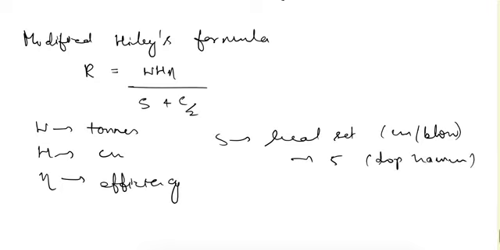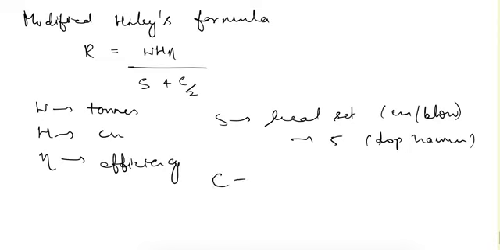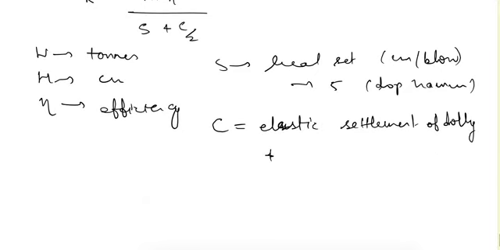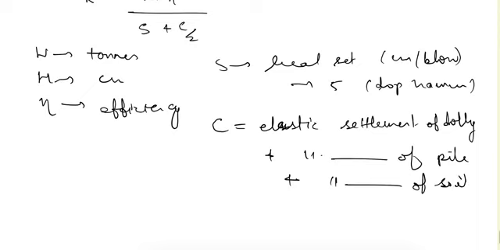The value of C here accounts for 3 things: the elastic settlement of the dolly, which is part of the hammer arrangement, plus the elastic settlement of the pile, plus the elastic settlement of the soil.